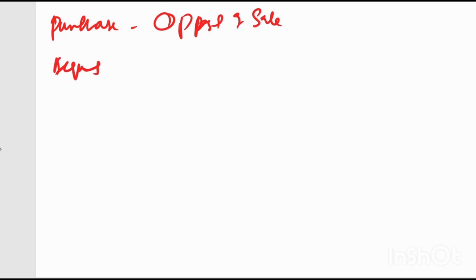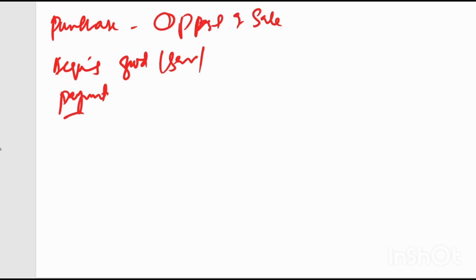Purchase is the opposite of sale, and in this you are acquiring goods or services, and for that you are making payment, right?